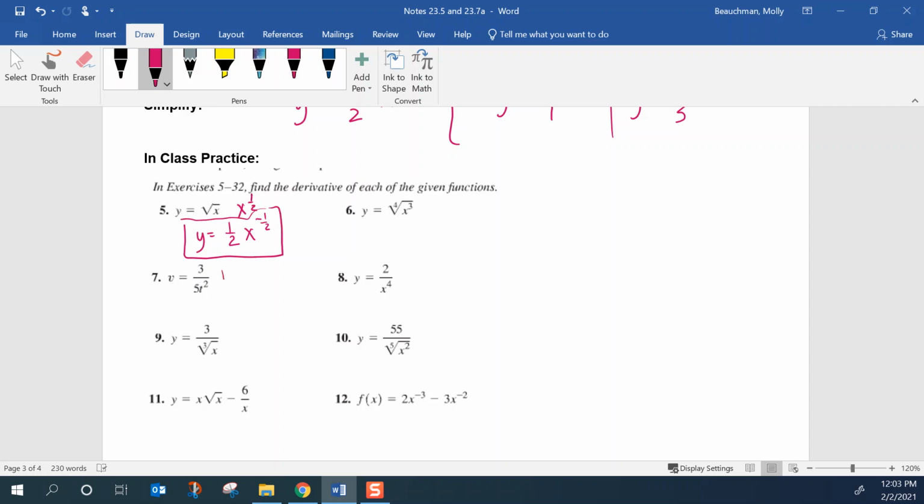Next example, v is equal to 3/5 times t to the power of negative 2. Now when we take the derivative, we get negative 2 multiplied by 3/5, which is negative 6/5, t to the power of negative 2 minus 1, which is negative 3.